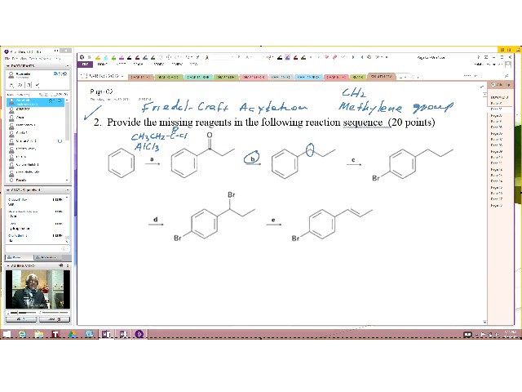Anytime you have a carbonyl of a ketone or a carbonyl of an aldehyde that is attached to benzene, if you perform hydrogenation, in which case you use hydrogen in the presence of a catalyst, let us use palladium, what you do is to reduce the carbonyl to a CH2 or to a methylene group.